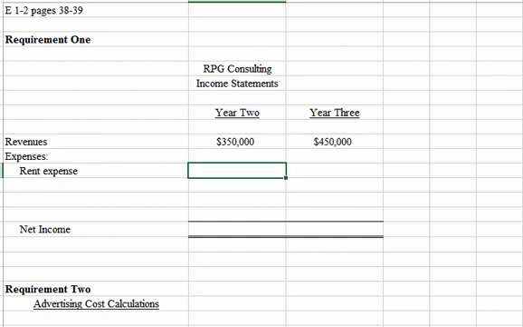Okay, so essentially what we're saying there, the $80,000 paid in rent in year 2 was for both years 2 and 3. So our rent expense for each year would be the $80,000 divided by the 2 years, or $40,000.